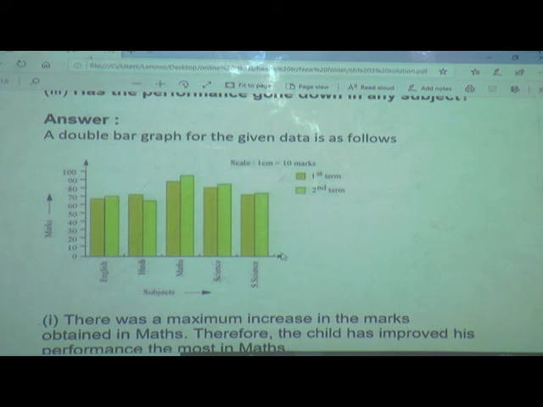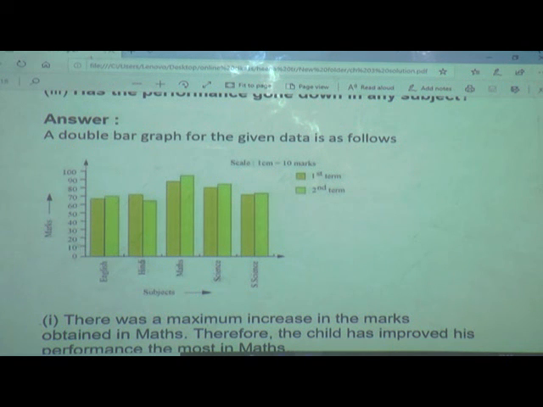Subjects are already given to us: English, Hindi, Maths, Science and Social Science, and the marks of a student. So we will start with 1 centimeter as 10, because we can find the difference very easily, as the difference between the marks of the first term and second term was very small.